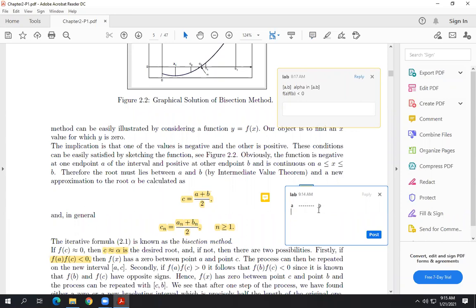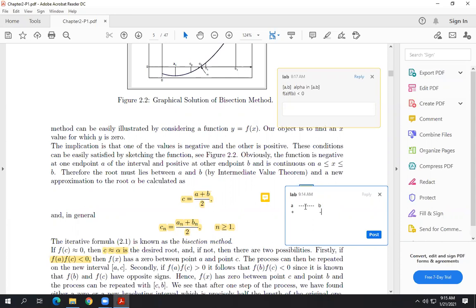You have to check that the values of the function at a and b must be opposite in sign. If one is positive, the other must be negative. Let's say the value of the function at a is positive and at b is negative. This gives you the condition that the exact solution must exist inside the interval.